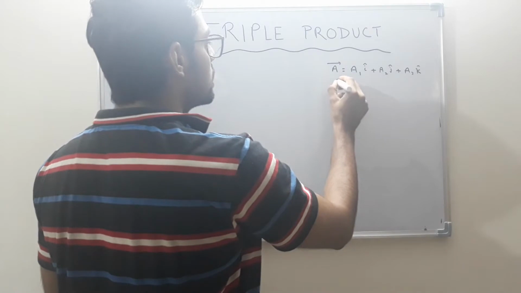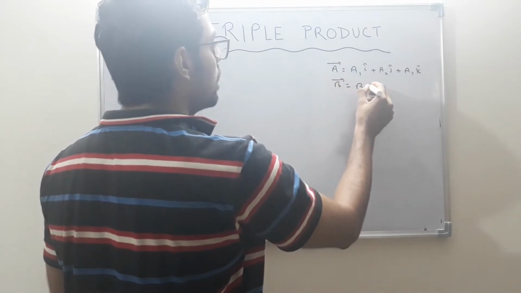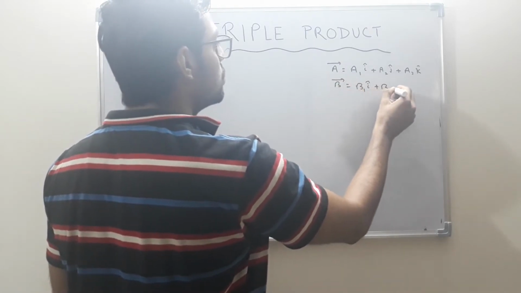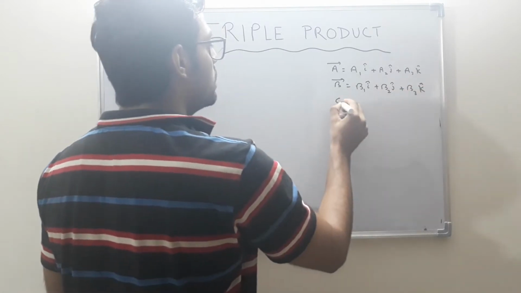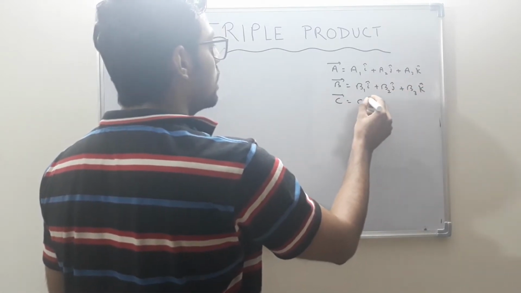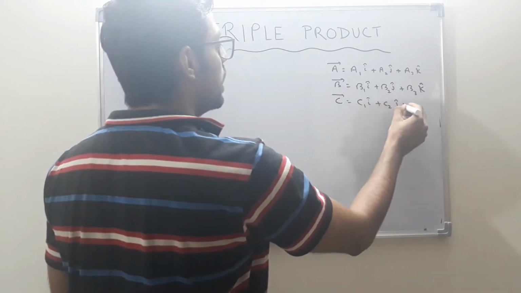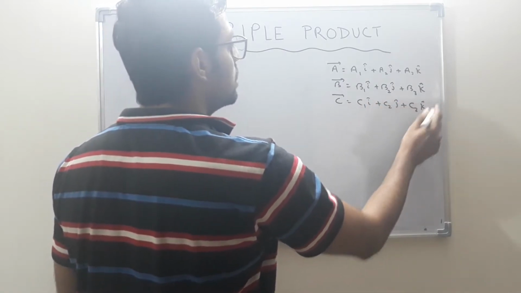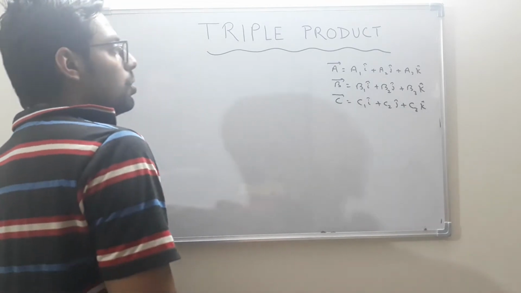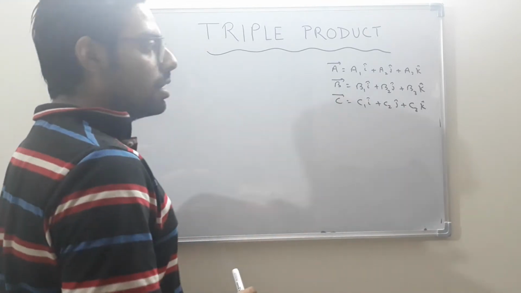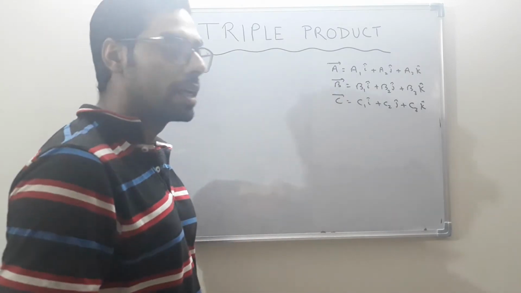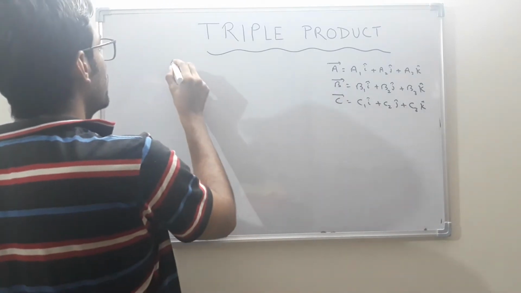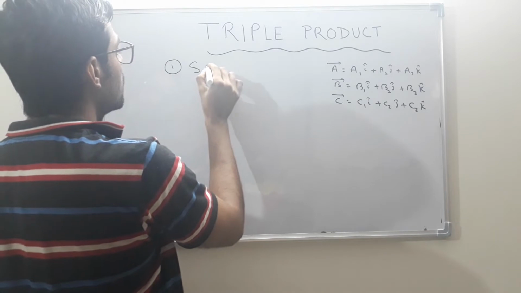Again we have B vector, written as b1 i hat plus b2 j hat plus b3 k hat, and C vector equal to c1 i hat plus c2 j hat plus c3 k hat. What combinations are possible by which we can multiply these three vector quantities? First of all, one technique is called the scalar triple product.